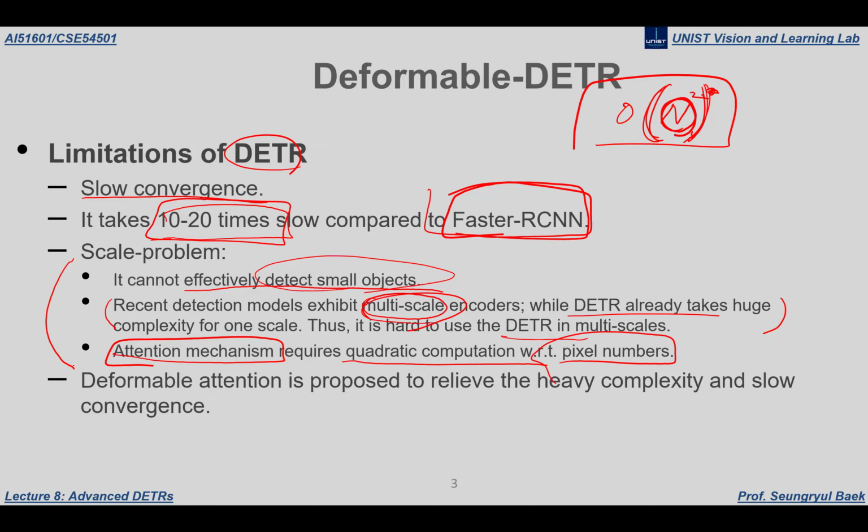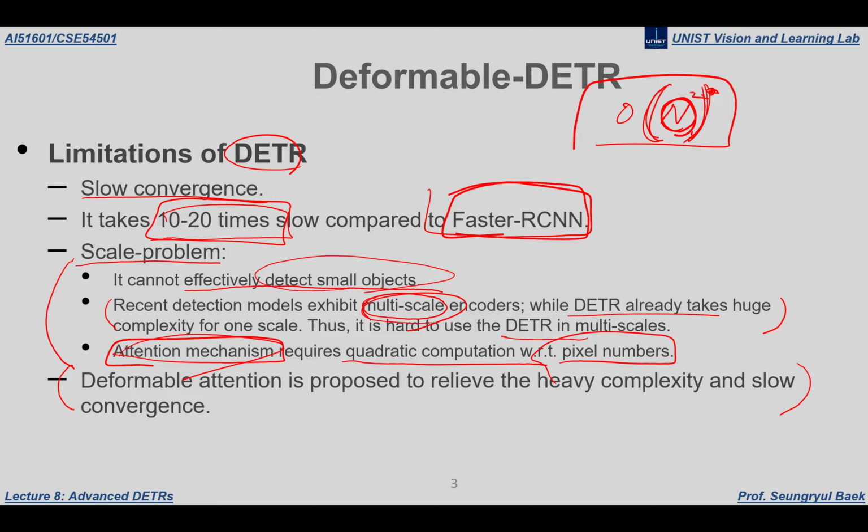So this is the problem of the DETR. There are some scaling problems. We want to involve a multi-scale feature extractor, but extending DETR to multi-scales takes a lot of complexity. And also the attention mechanism by nature has quadratic time complexity.